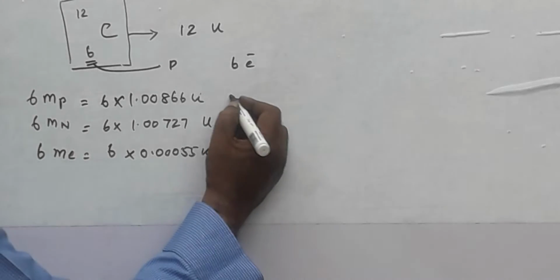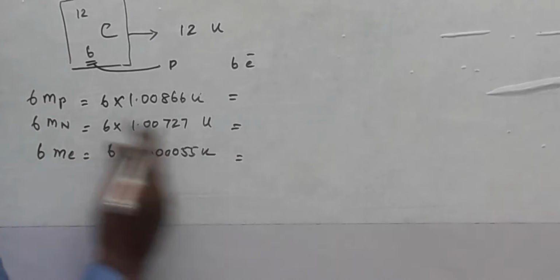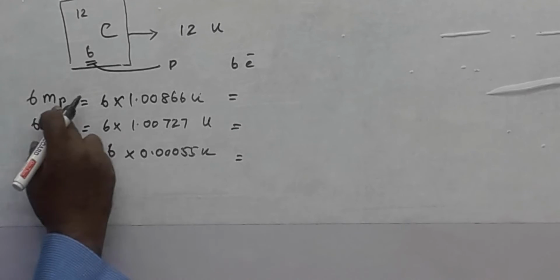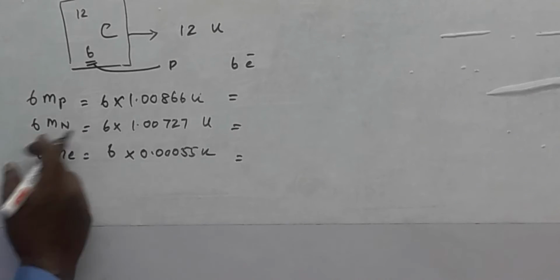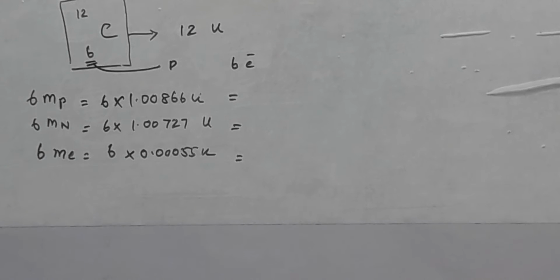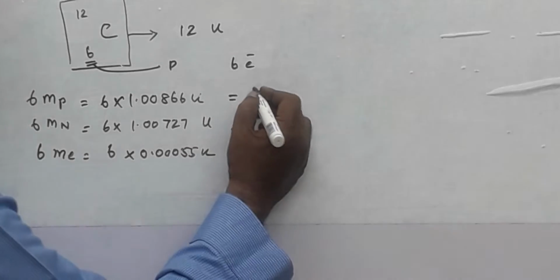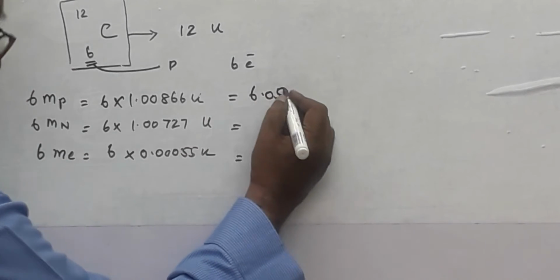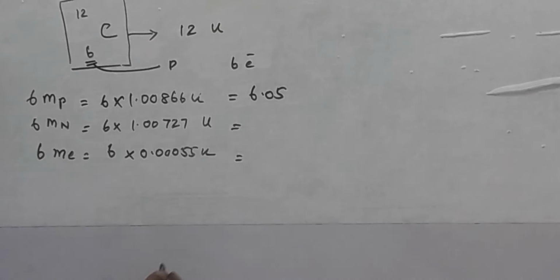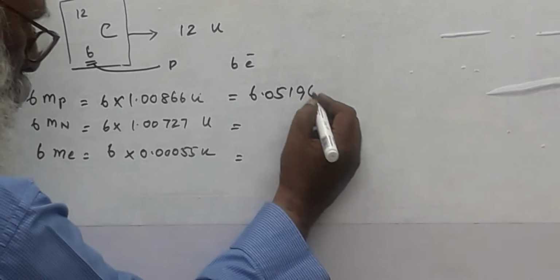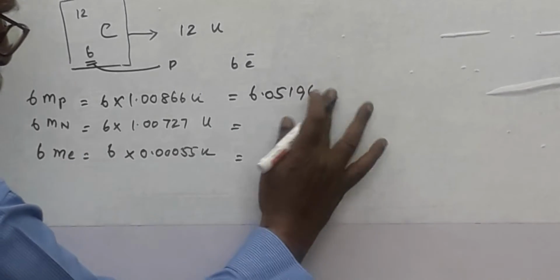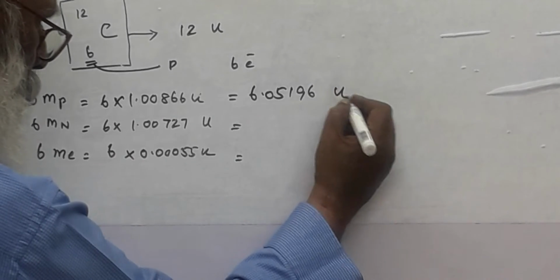Then we get the total values of Z MP, N MN and Z ME. The total mass of the 6 protons is 6.05196 atomic mass unit.